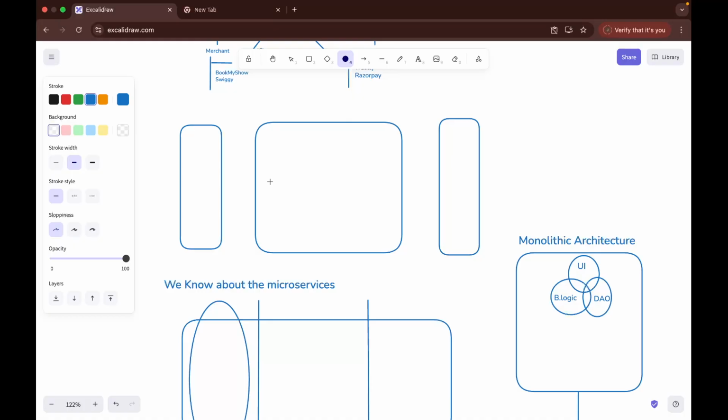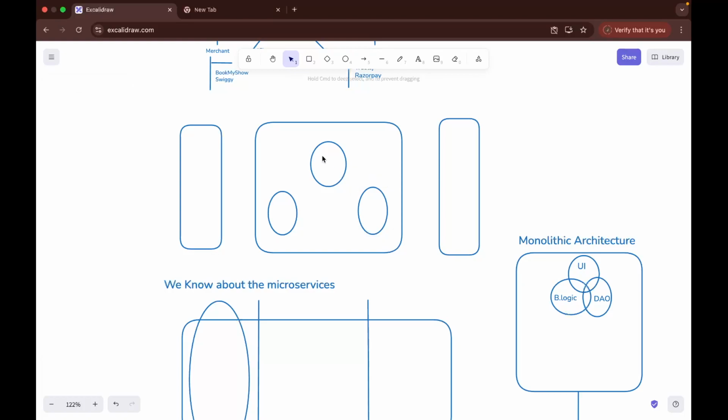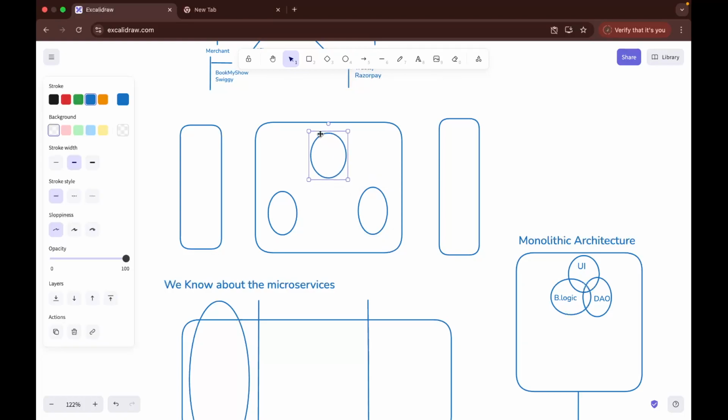One is the validation service, another is the processing service, and another is the Trustly provider service. So these are the microservices, and these services have their own port number and their own memory.